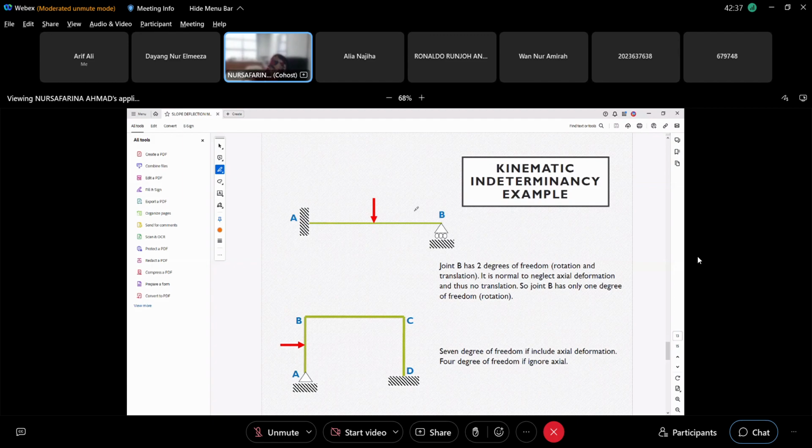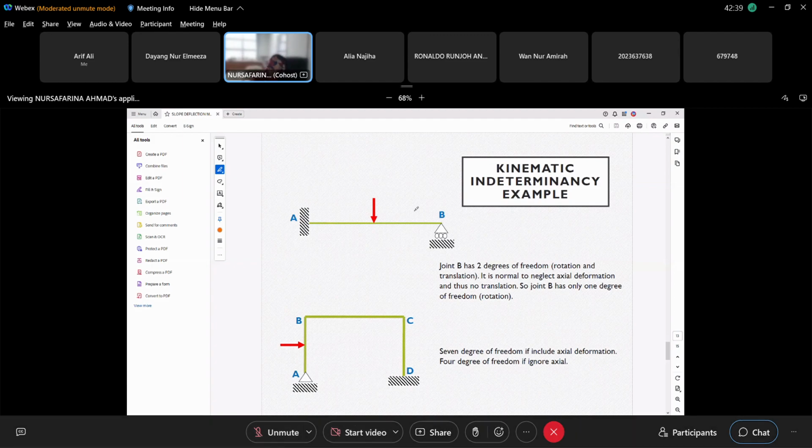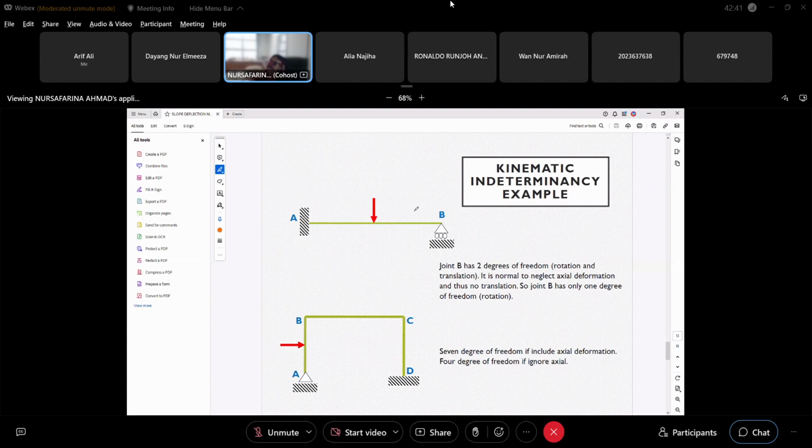So you have joint B with 2 degrees, because you have rotation and translation.